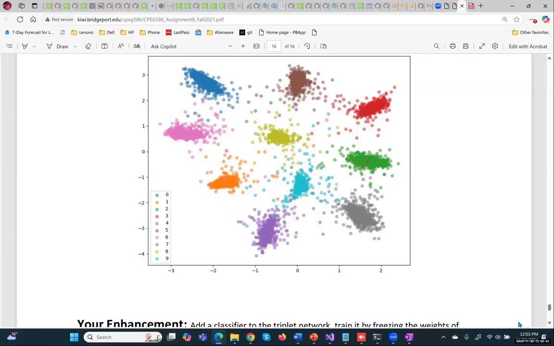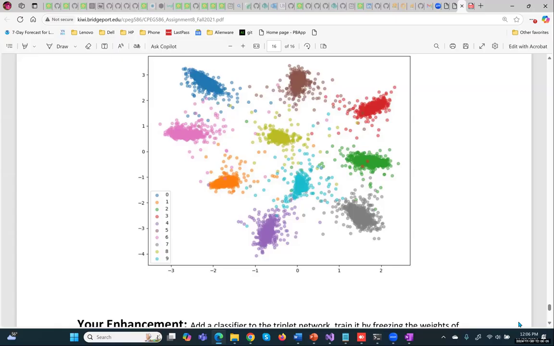But if the latent representation is moving them farther apart for each category, then it's a better feature learning network, okay? Of course, you can create a poor classifier at the end and get worse results. But from a latent point of view, this is far better than the other one, right?